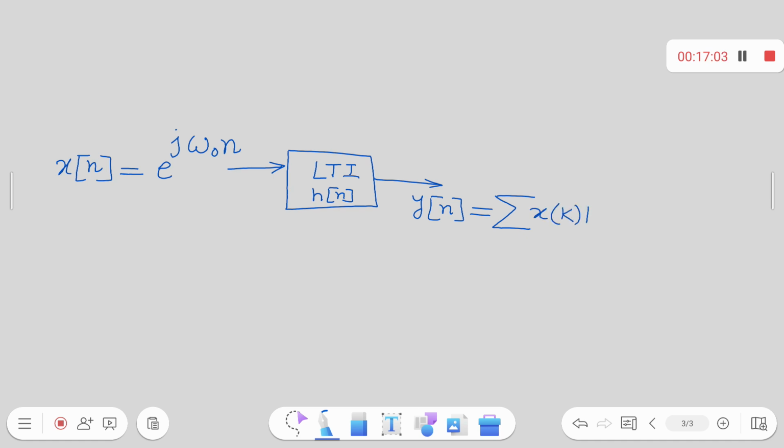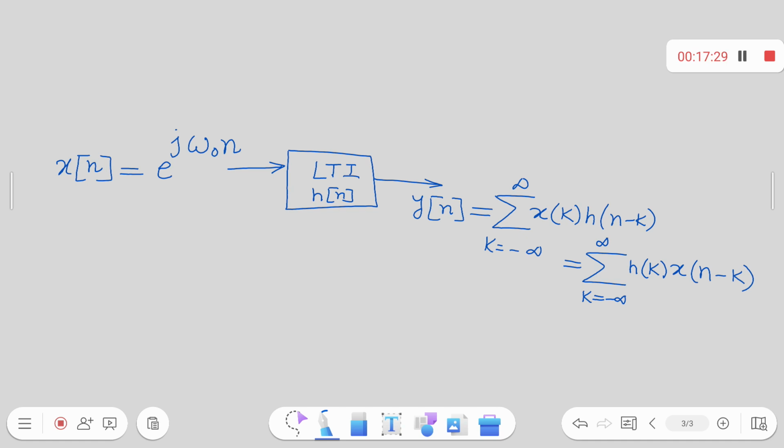summation of x of k, h of n minus k, k going from minus to plus infinity, or since the convolution operation is commutative in nature, you can also represent this by summation of h of k, x of n minus k. Okay.